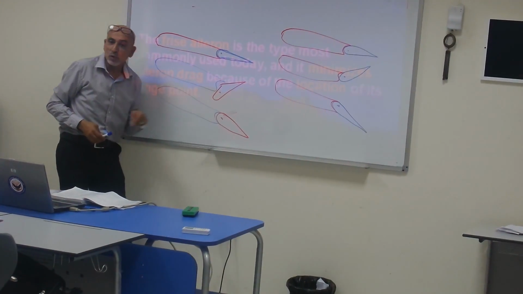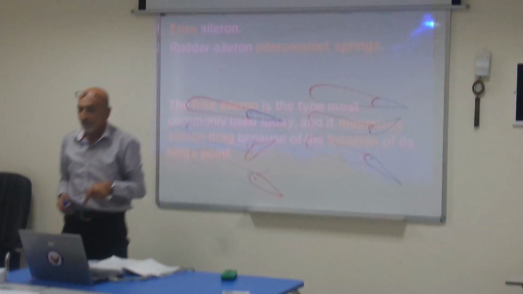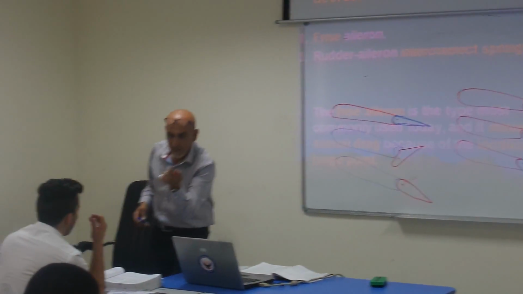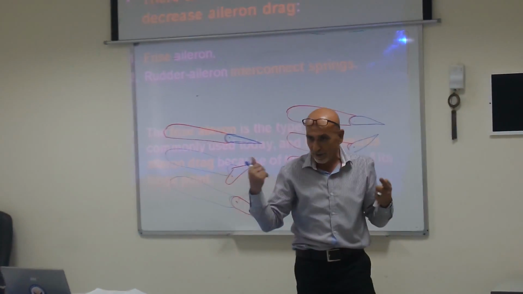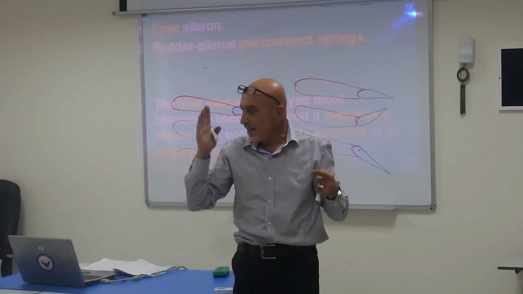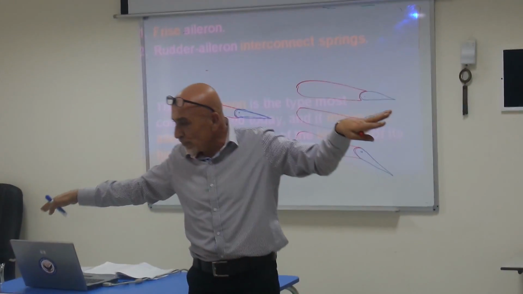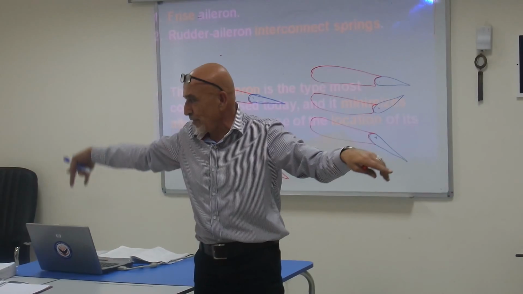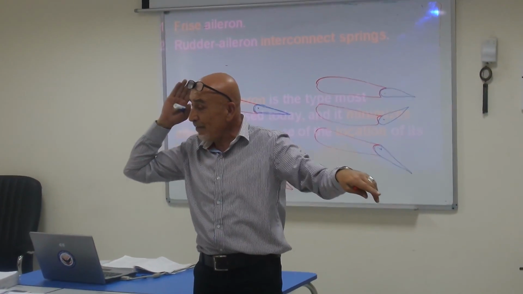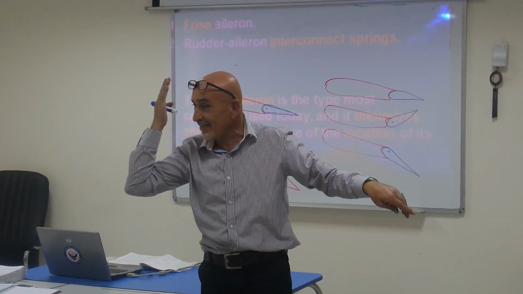What will this do? If you remember, we said in the previous solution that when the aileron moved in order to turn the aircraft, the downgoing wing will have the rudder deflected in that direction.